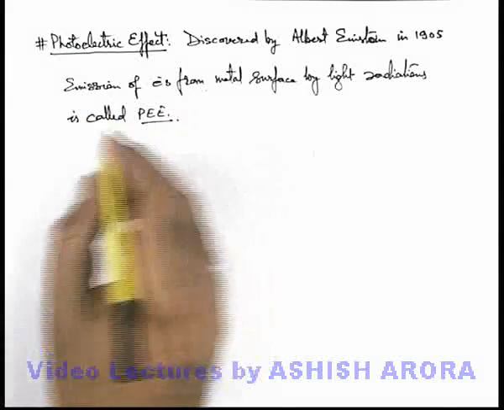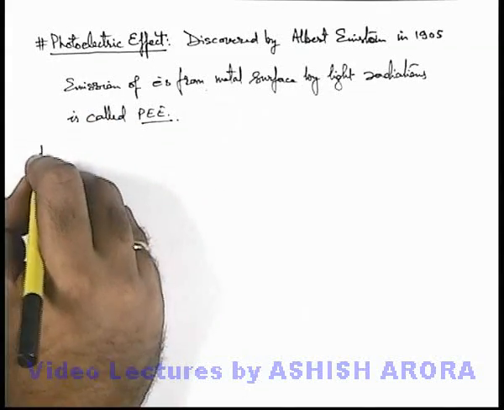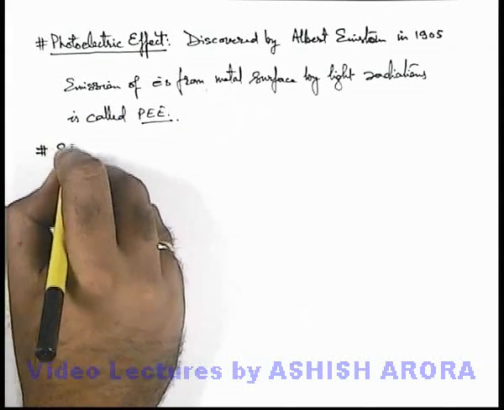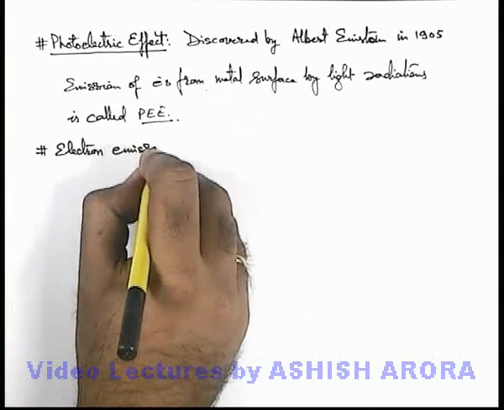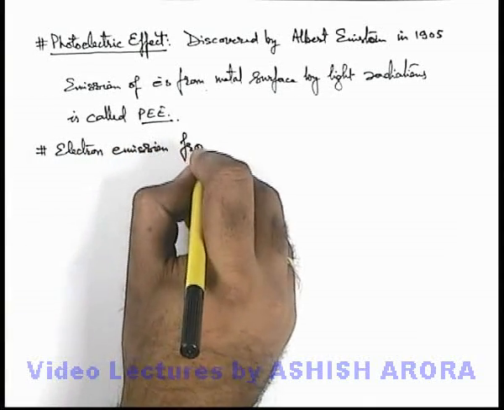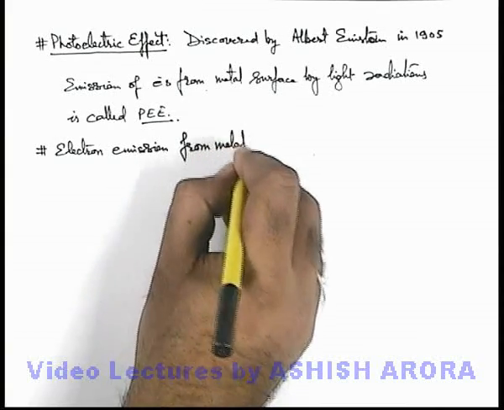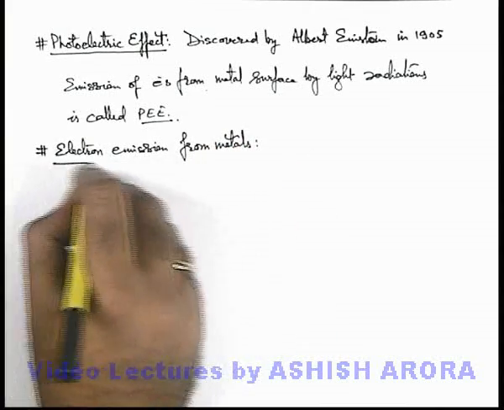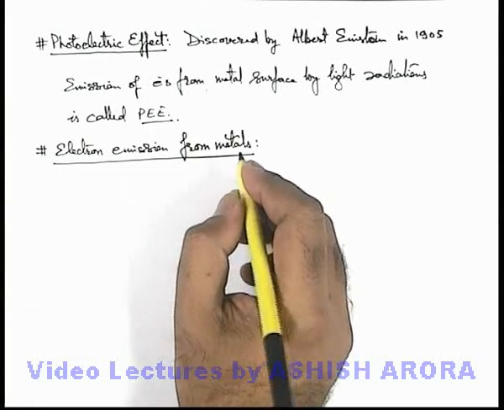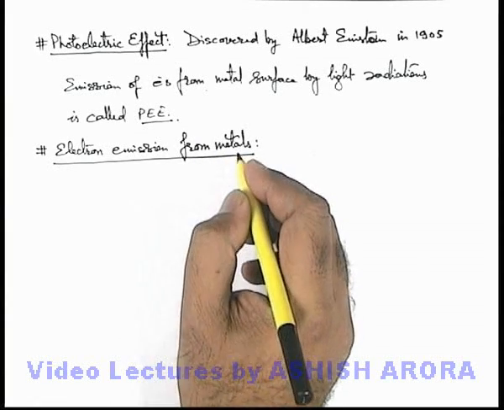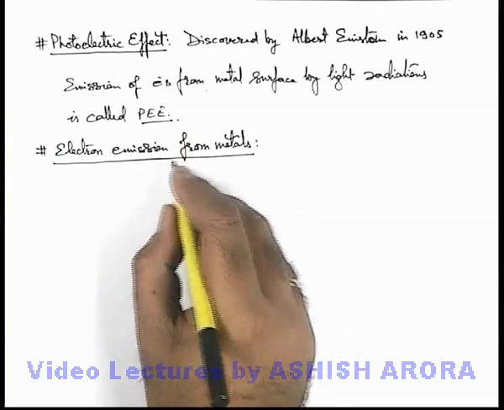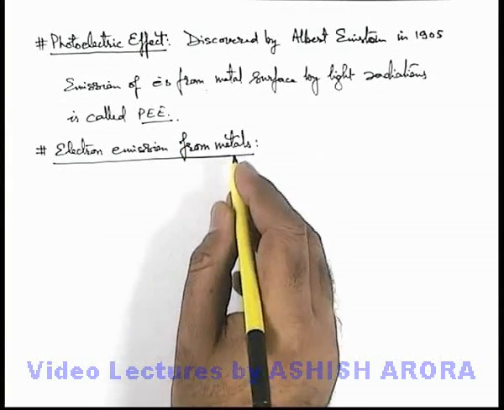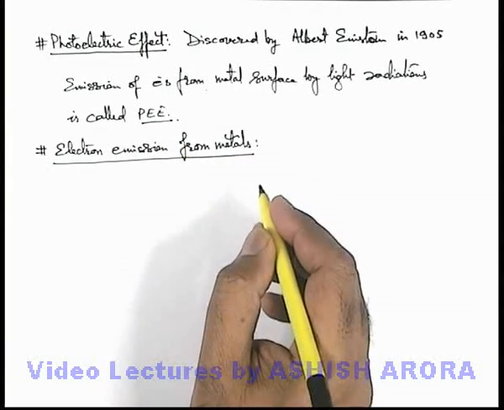Let's discuss about emission of electrons from a metal surface. There's electron emission from metals. About a metal surface, we can say, as there are plenty of free electrons in every metal body, to remove free electrons from a metal surface, we need to supply some energy.